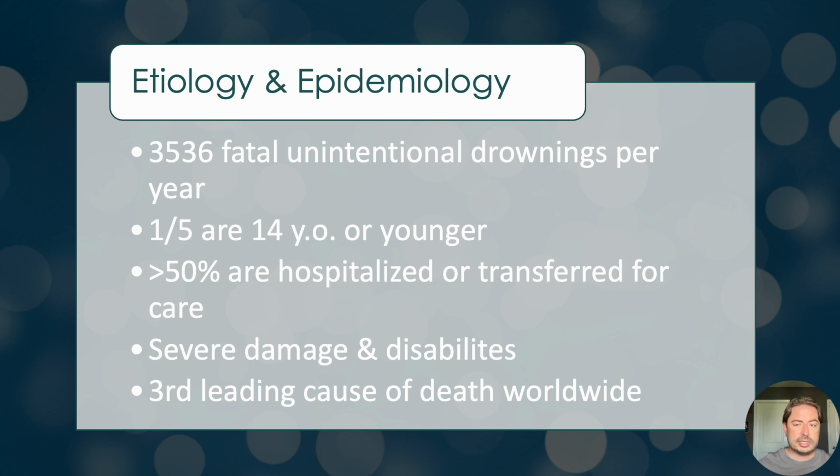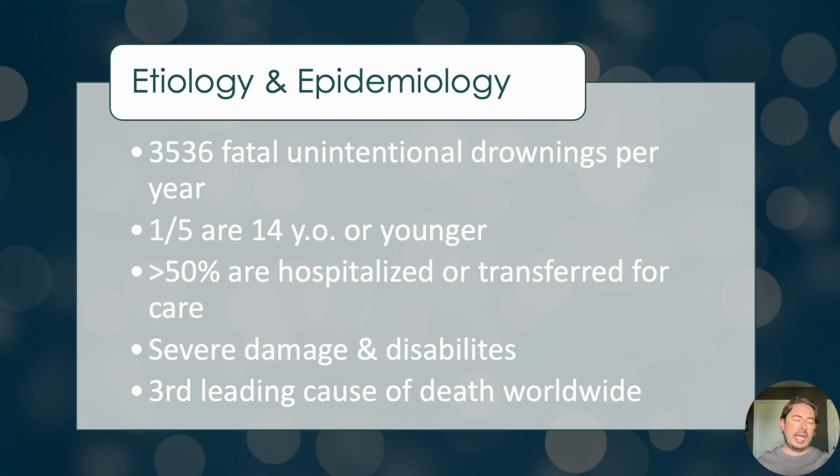These patients can suffer from memory loss or learning disabilities. They can even have permanent loss of brain function, being in a vegetative state. So there are a number of different things that can happen to patients that come in as a drowning victim. This is the third leading cause of unintentional death worldwide.